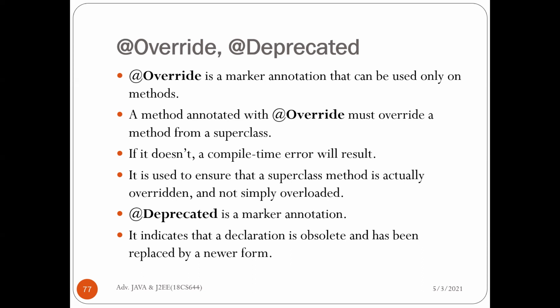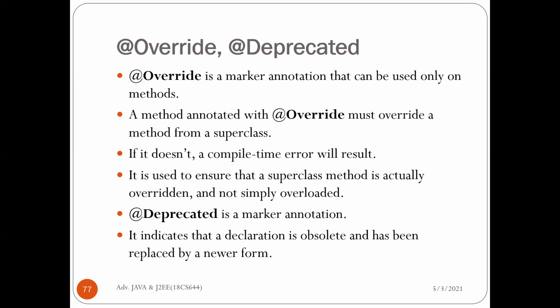This annotation will make sure that the child class overrides a method. If the child class doesn't override the method, then the compiler will raise an error. So it acts as a way to ensure that the superclass method is actually overridden by the child class.